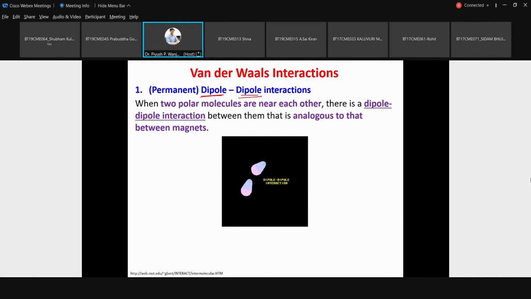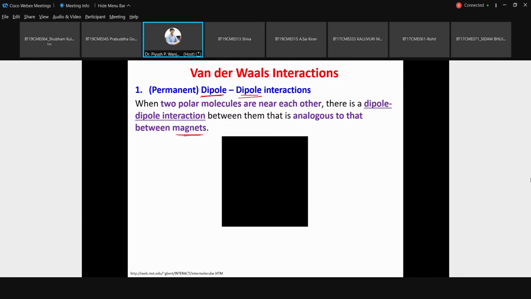So if any two of these molecules come together, their interaction will be like magnets. Whenever the negative end of one comes in contact with the positive end of the other, there is going to be an interaction. But are they going to be held together or not? It will depend on what system it is. You might know van der Waals interactions are the weakest kind of interaction.